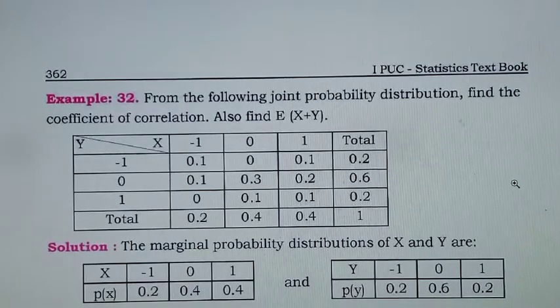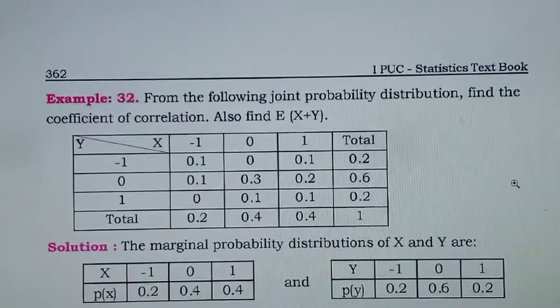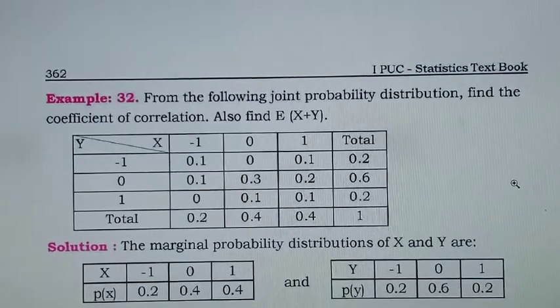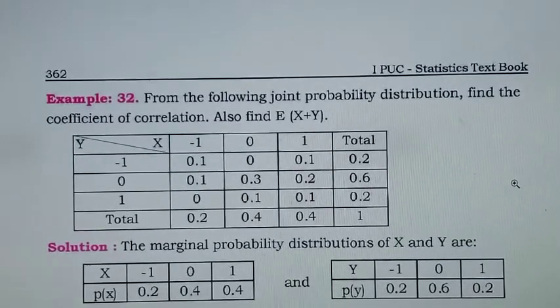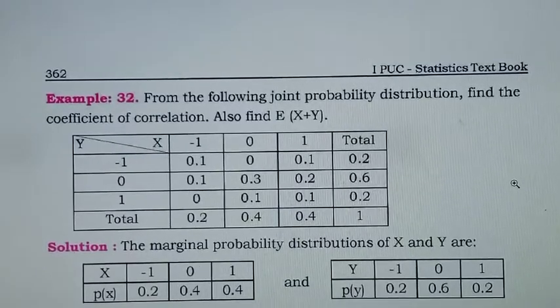So we need to calculate the correlation coefficient gamma. You know the formula: covariance of xy divided by square root of variance of x into square root of variance of y. You might have seen this formula for the correlation coefficient, and also find the expectation of x plus y.